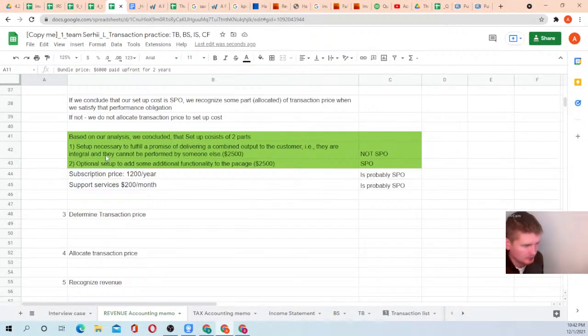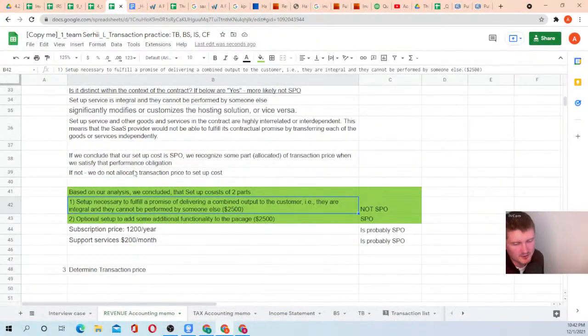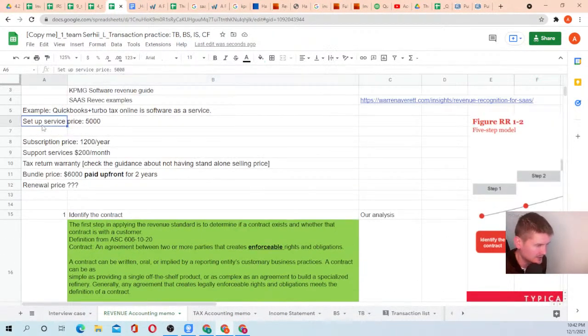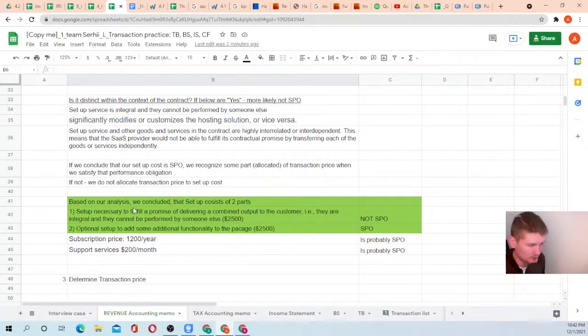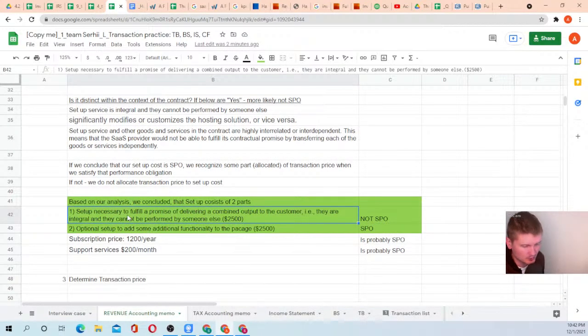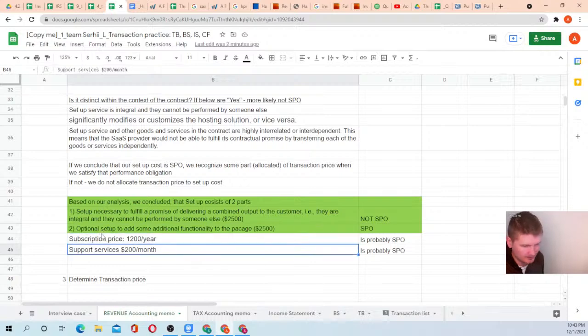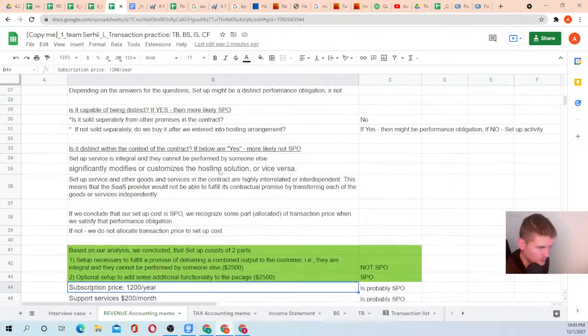And we concluded that, I mean, we made it up totally, that in what we have listed as setup service cost, we actually have two components, one of which is necessary to make everything running. So we will not be able to sell our SaaS service without that setup. And the other one is optional. And we also have these two here. We can take a look.